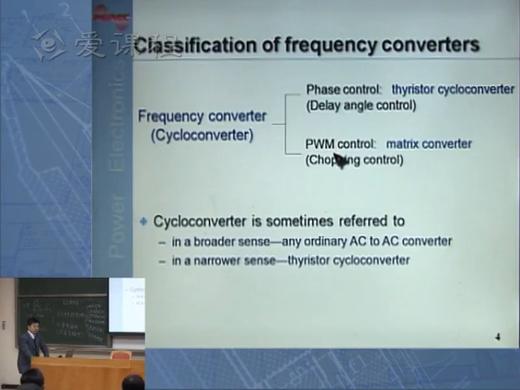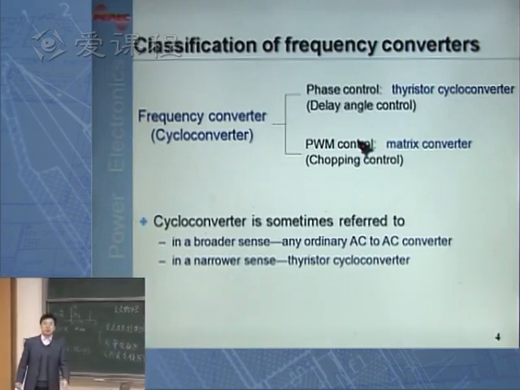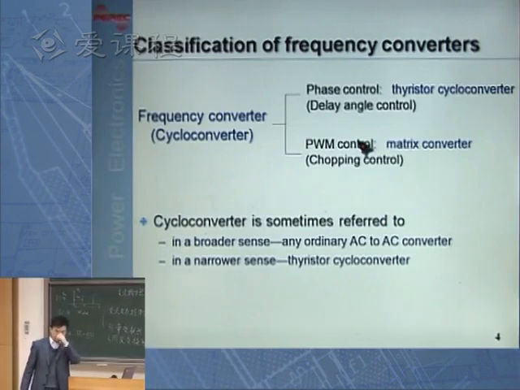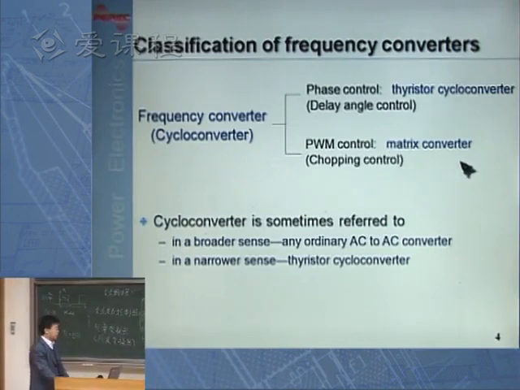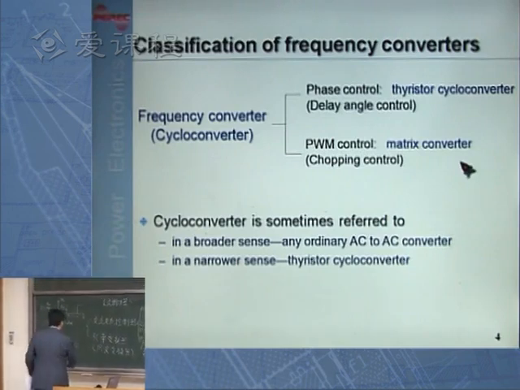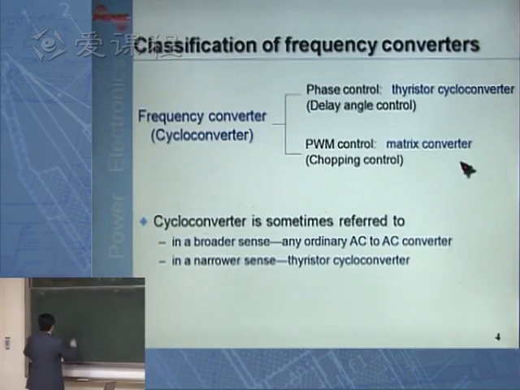And if this cyclic converter is employing PWM control, you just have a feeling of that. We are changing the width of a pulse, controlling pulse. Then that is also called matrix converter. This is a very special name. We never see that before. Matrix converter.